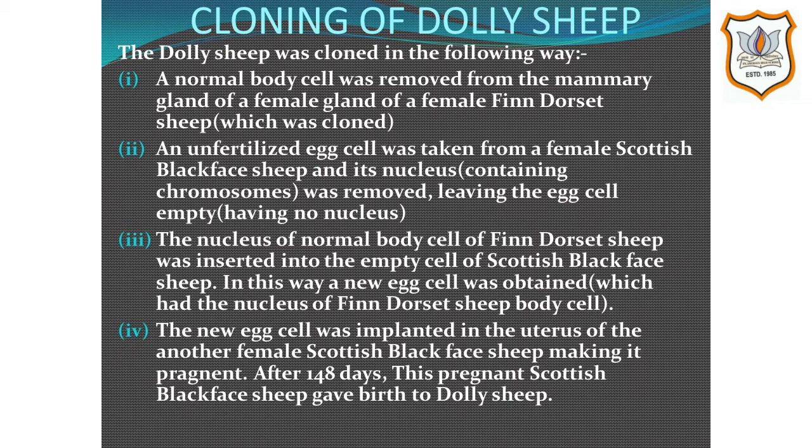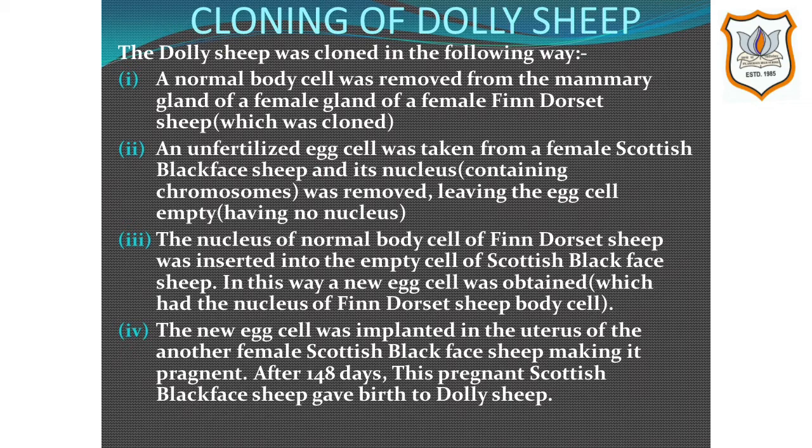All the body cells of Dolly sheep contain the same set of chromosomes having exactly the same genes as the Finn Dorset sheep cells. So, though Dolly was given birth by a Scottish black-faced sheep, its real mother was Finn Dorset sheep.